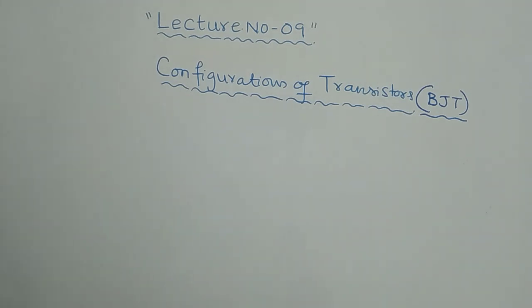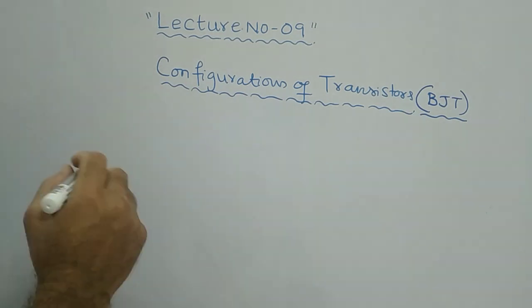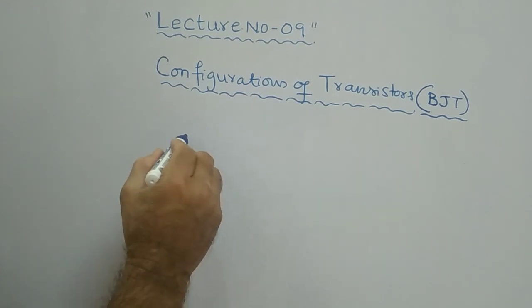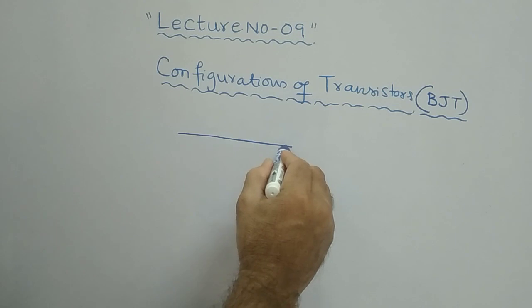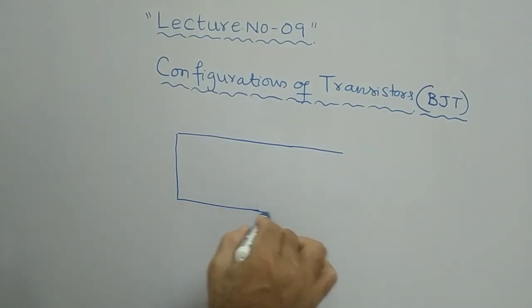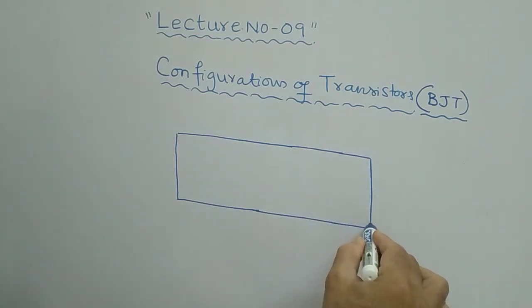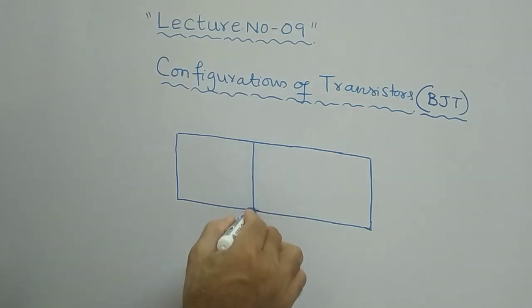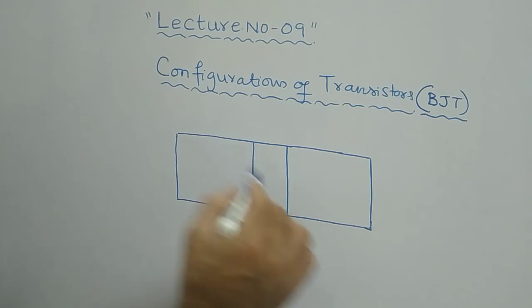Let us see. Before explaining this common base configuration, I will explain the basic NPN transistor. If you see the physical structure, as I have already explained in the very beginning presentation, if you recall that, right?